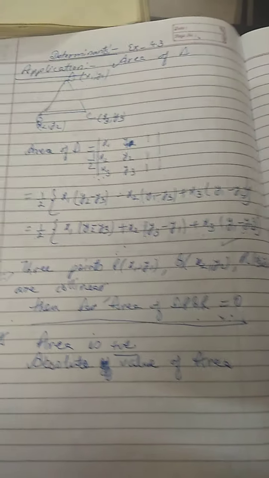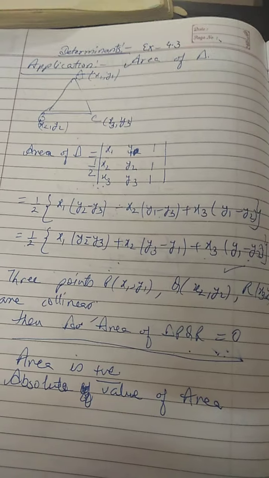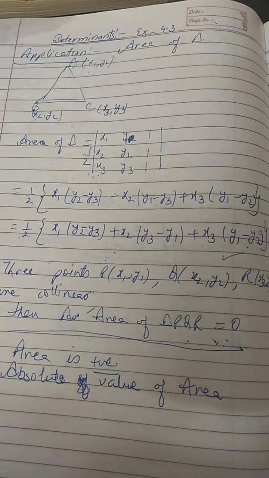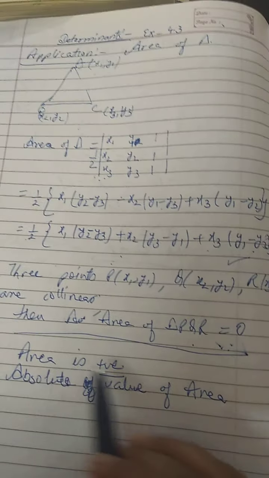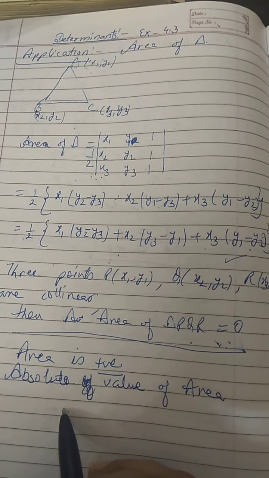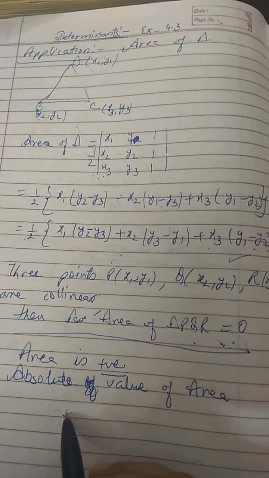Whatever value is coming, if it is positive, perfectly fine, but if it comes negative, we will take the modulus of that. Either you mention it or you don't, because area cannot be negative, we will write down the positive value of the area. This is the next point to be taken care of, right?